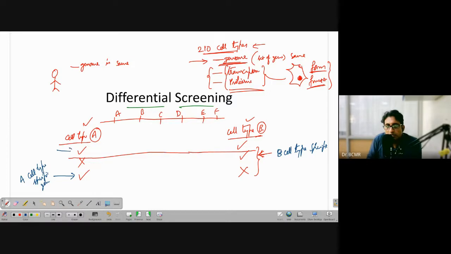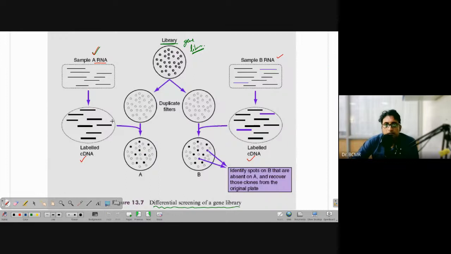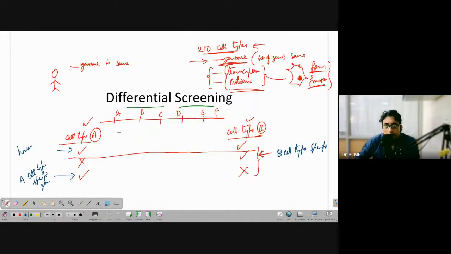The genes that are expressed in both of them could be housekeeping genes for metabolism, glycolysis, and so on, right? So in this protocol, that is what we are trying to see. Let me finish this. Say we had both A and B; you may have A, C, and D expressed in both.